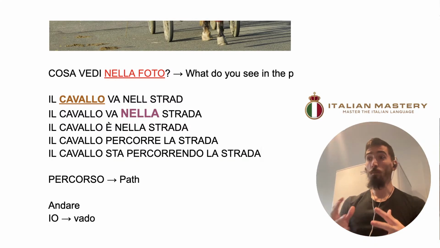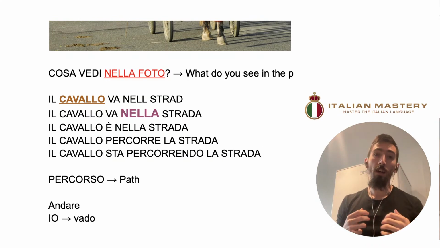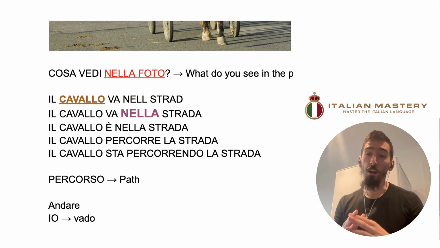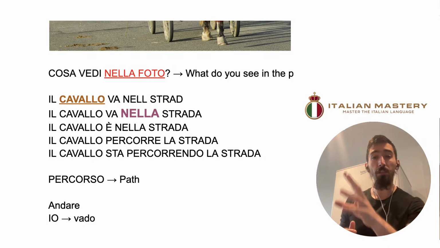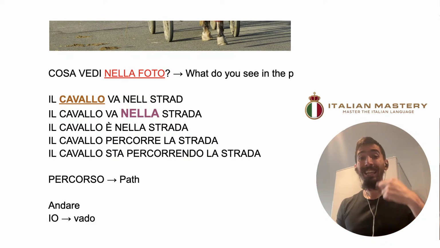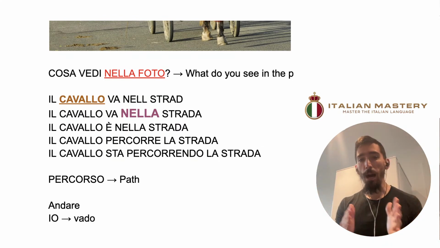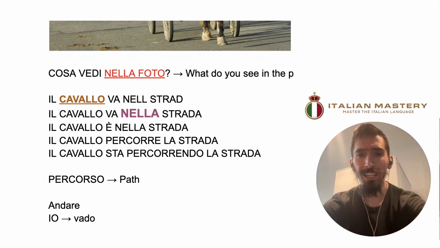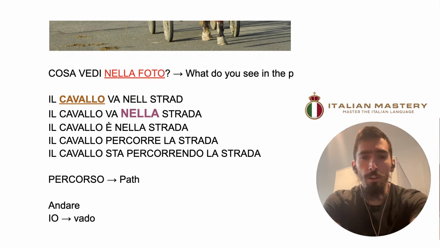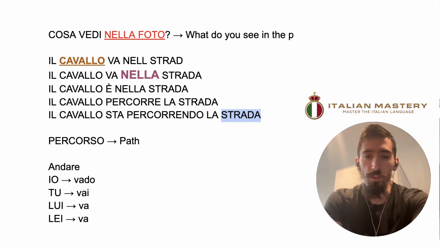So this is if it was live footage, and the reporter was like, oh, okay, well, the horse is doing this, is doing that, is doing the other, and now it is doing XYZ. Sta percorrendo la strada. The gender of the noun stays the same. The gender of the other noun, strada, also stays the same.